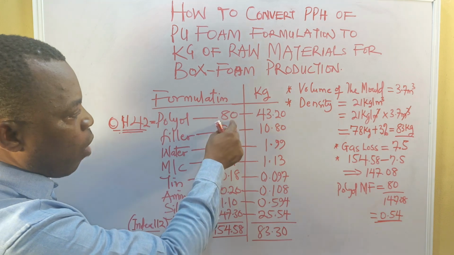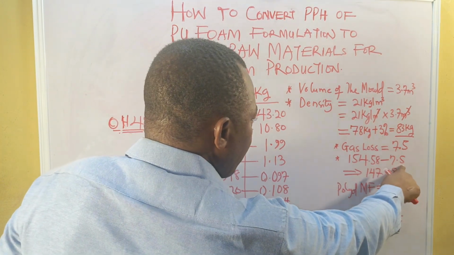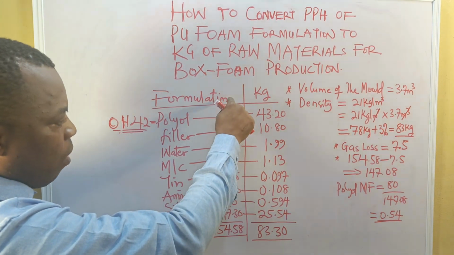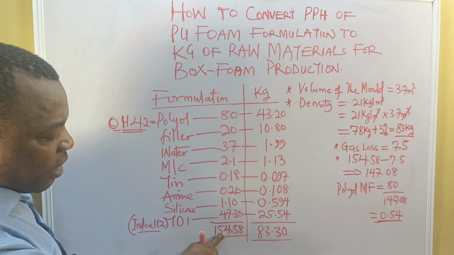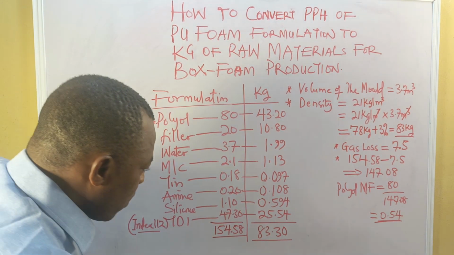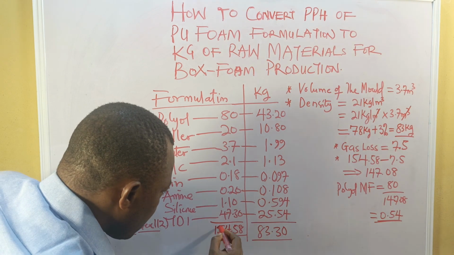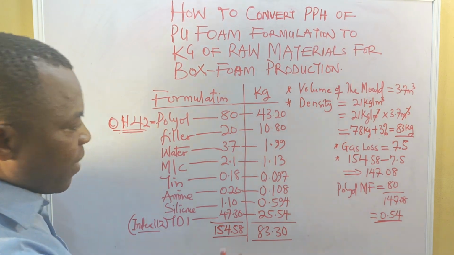That is the gas loss when 1 mole of this is used. So the total gives us 7.5. Now you add all your formulation ingredients in parts, and that gives us 154.58.